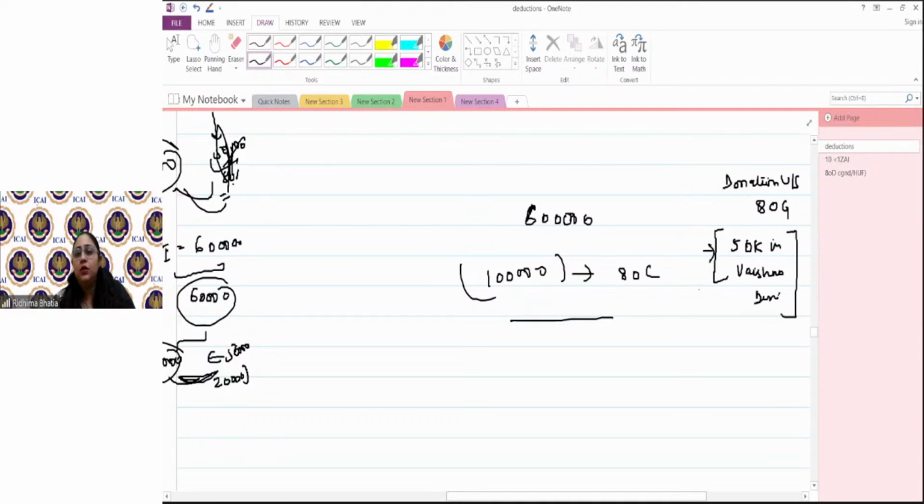There is no other donation, only this is the donation. Tell me the amount under section 80G which a person can claim. You have 2 minutes, quickly.